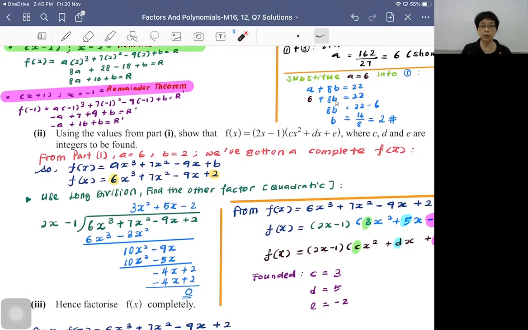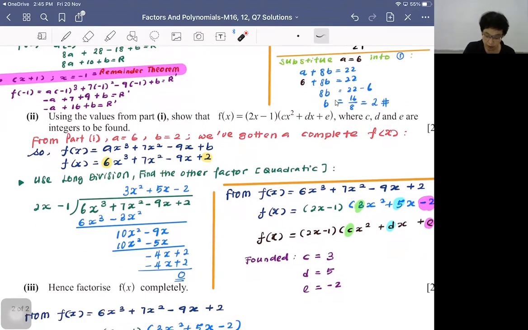Therefore, we're going to use long division to find the other factor, in this case the quadratic factor. Now we lay it down in the long division setup. Take the whole f(x), put it into the dividing notation, dividing it by 2x minus 1. Then now we multiply.